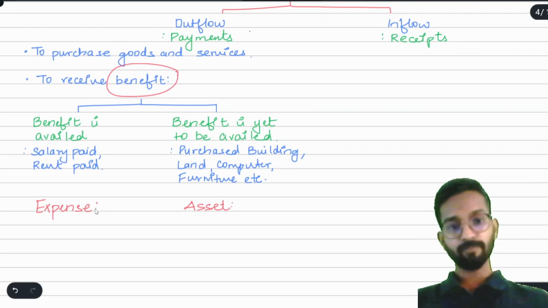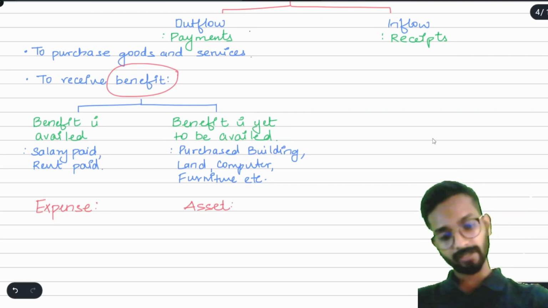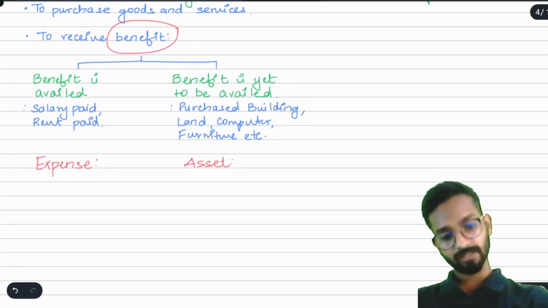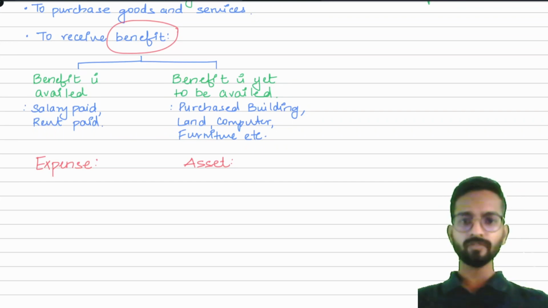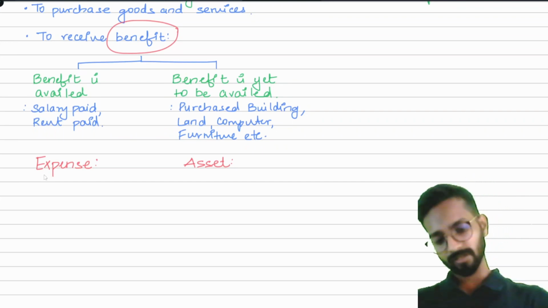To write a better definition, you can say if benefit is exhausted within 1 year, or within the end of the year. What is the end of the year? That is 31st March.